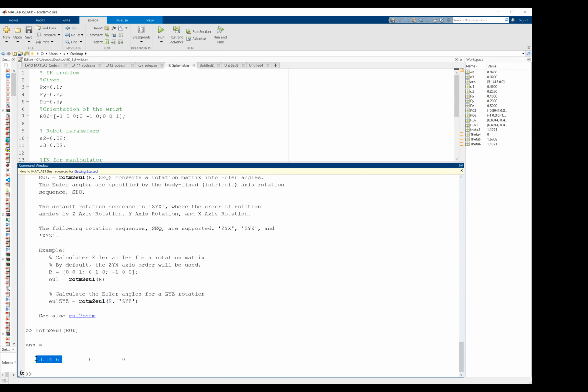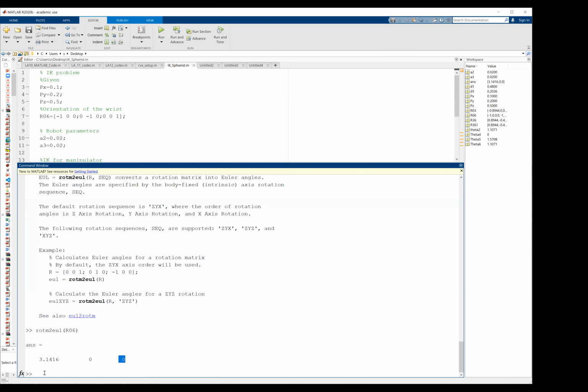So this value is the rotation about Z. This value is the rotation about Y. This value is the rotation about X. Please observe this 3.14 in radians is my yaw angle. 0 degrees, which is the rotation about Y, is my pitch angle, and rotation about X, which is this one, is my roll angle.